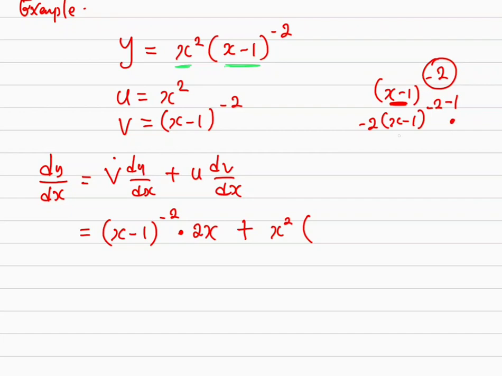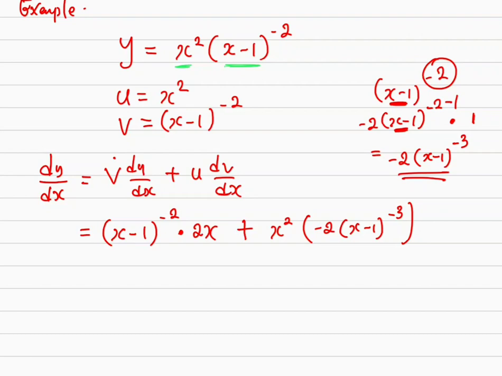Then times the differential of whatever is inside, and the differential of x minus 1 is 1. So everything turns to minus 2 times (x minus 1) raised to power minus 3. So here we have minus 2 times (x minus 1) to power minus 3. I have differentiated it, and now we've gotten our dy by dx.